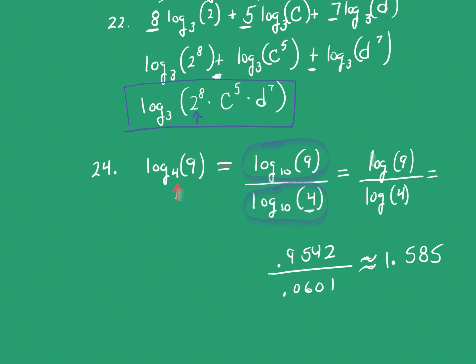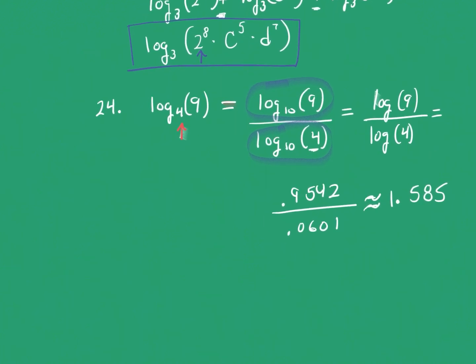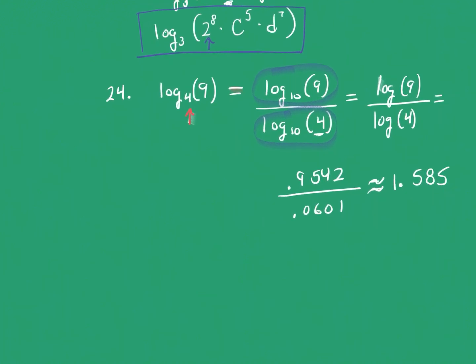Let's do another one of those because this is really a powerful property. Let's do number 25. We have log base 6 of 5. Well, that is the same, folks, as log 10 of 5 divided by log 10 of 6.